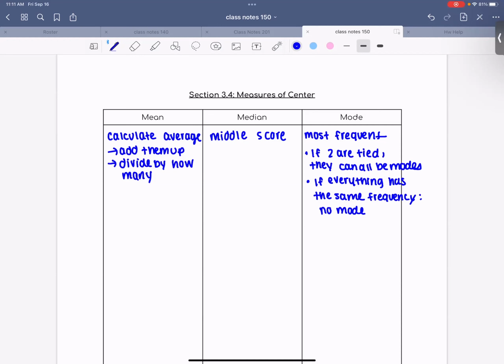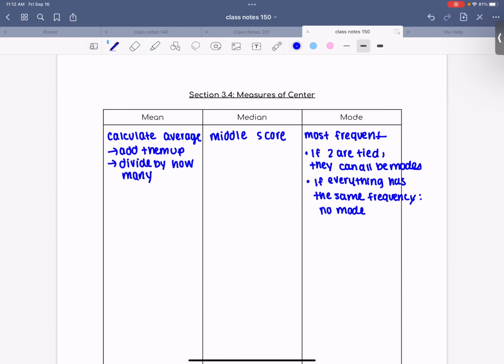The first one we have under the mean, and one group put up most affected by outliers in the data set. Who agrees with this? Someone put it up. All right. Anyone want to explain why? We said it because with the mean, you're calculating the average, so a number that's either really high or really low would affect the average of the whole group.